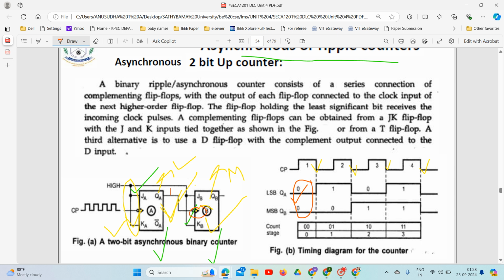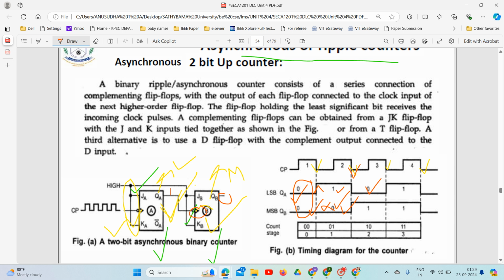Only during the falling edge of the clock pulse does the output toggle. For the positive edge of the clock pulse it won't toggle; it retains the same state. For the falling edge of the second clock pulse, QA toggles. This is your 1. Again, for the negative edge of the clock pulse, it toggles to 0.